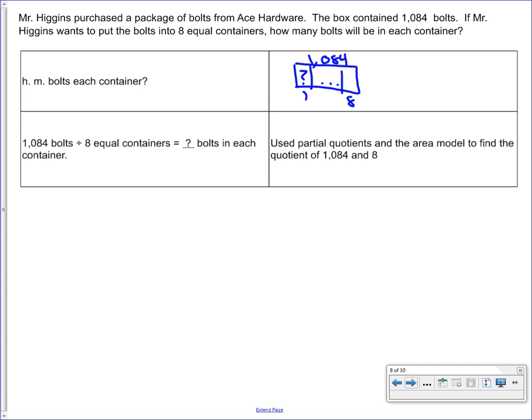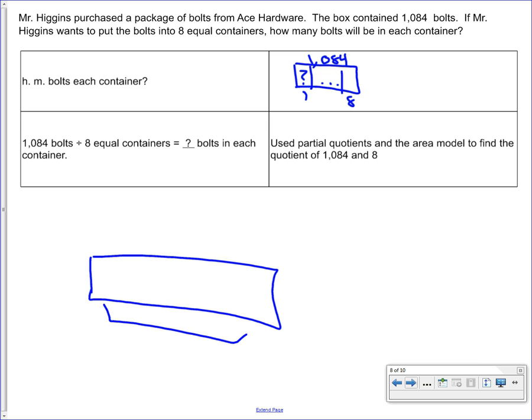So let's draw our area model out. Okay, so this whole thing is worth, that's not going to be big enough. This whole thing is worth 1,084.